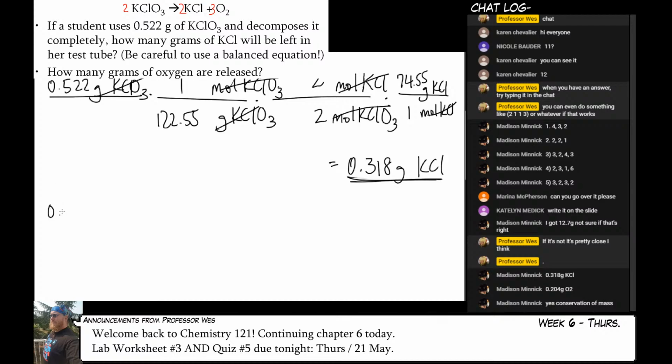Now I'm going to do the exact same equation, but I'm going to solve for oxygen's mass this time. What am I doing? Hold on. Sorry. Oh, I lost all of my... Where the heck did all the windows go?